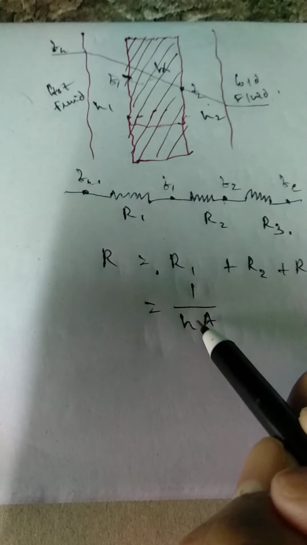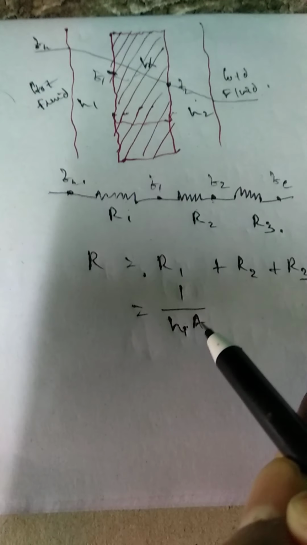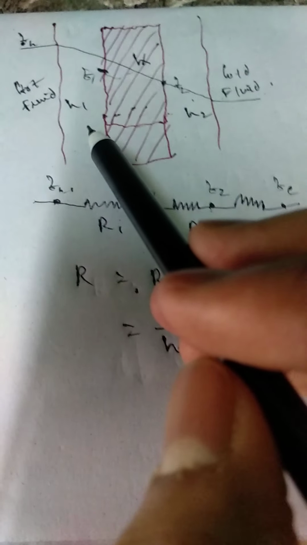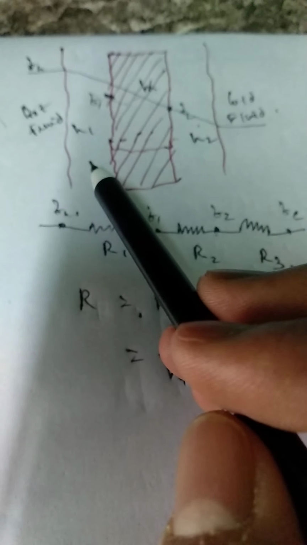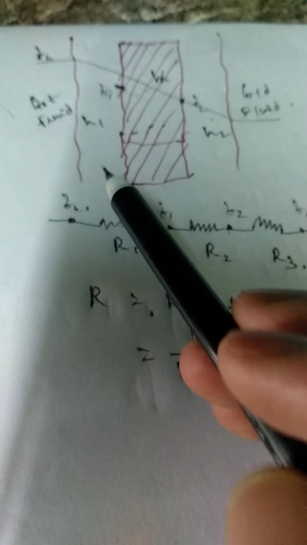So for R1 it will be 1 by H1 into A, where H1 is the heat transfer coefficient of this hot fluid.